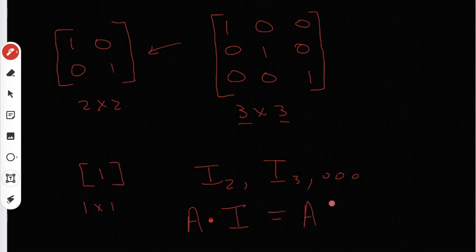You're going to get A back. And this also works in the other way. You know, if you had I first, but let's say you had A second, well, A times I is always going to give you A back. And that's what the identity matrix does. So, hope that helps.